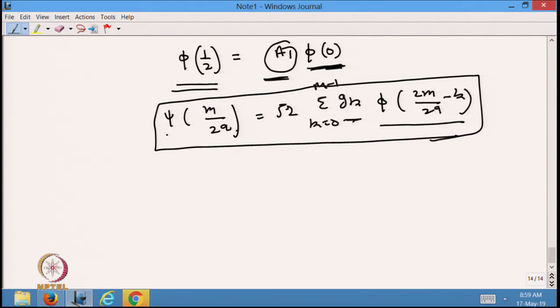I have explained the algorithm for how to compute phi and psi, but if you want to implement it, it is up to you.